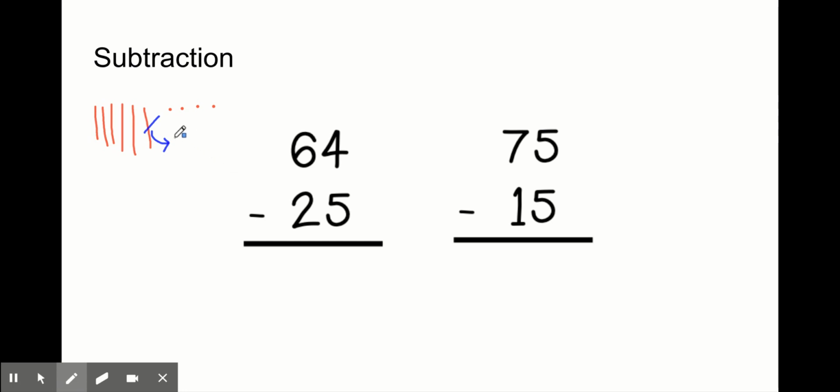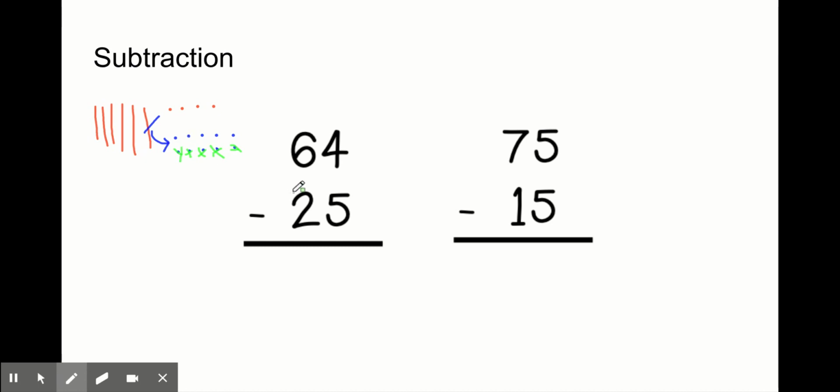1 10 becomes 1, 2, 3, 4, 5, 6, 7, 8, 9, 10 ones. Now can I take 5 away? Yes, I'm going to do even a third color so we can see. 1, 2, 3, 4, 5.